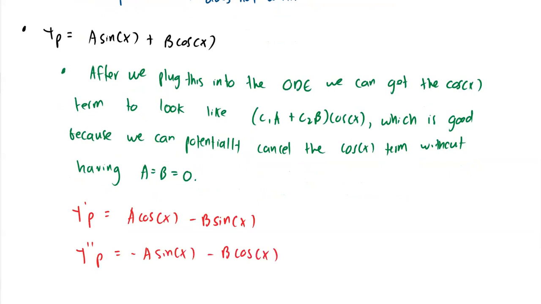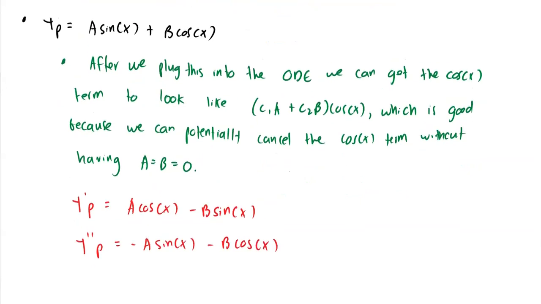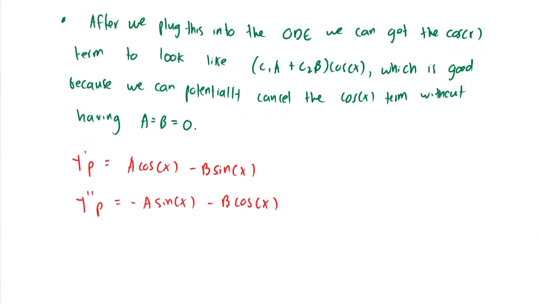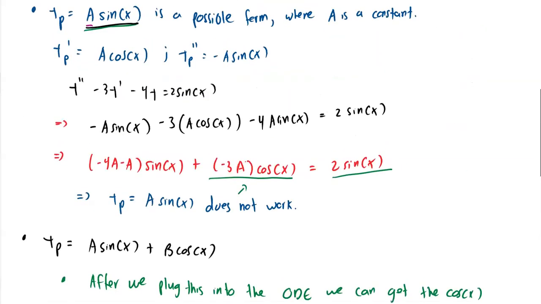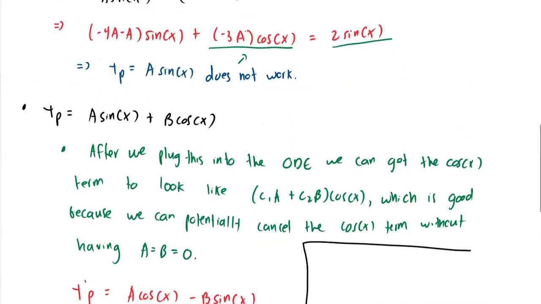So what we're going to do is plug this into the ODE and see if we can solve for A and B in a way that makes the ODE true. So as a reminder, the ODE is y double prime minus 3y prime minus 4y equals 2 sine x.